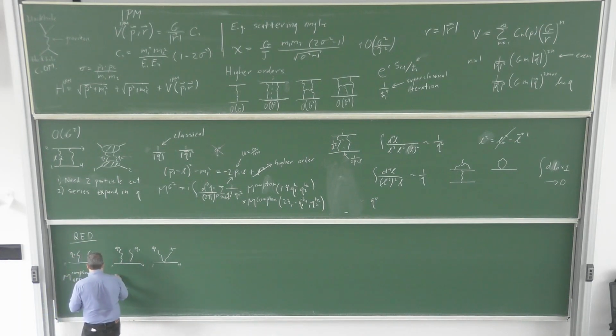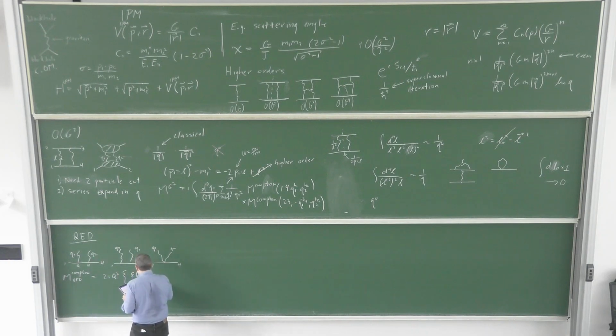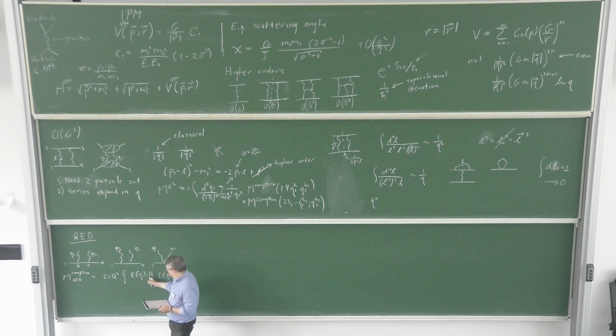So it's 2i, there's a Q squared. There are charges here; we'll put the charges sitting there. And the diagrams are epsilon of Q1 dot P1, epsilon of Q2 dot P4. So I'm writing down first that diagram. I'm using on-shell conditions to simplify.